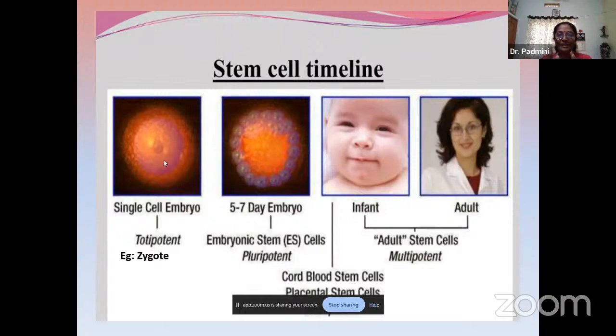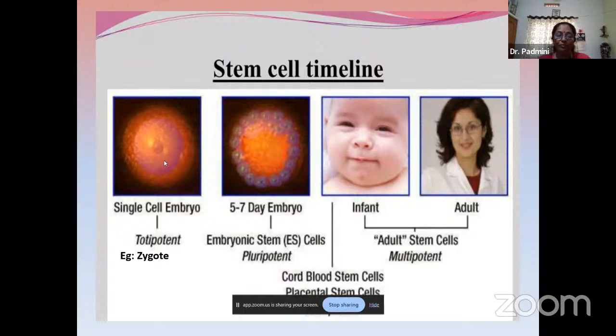They are differentiated over here, either into extra-embryonic cells or embryonic stem cells. That's called pluripotent stem cells. Then comes the multipotent stem cells. After pluripotent, it's multipotent. Here, multipotent stem cells can be found in cord blood cells and also in placental cells.